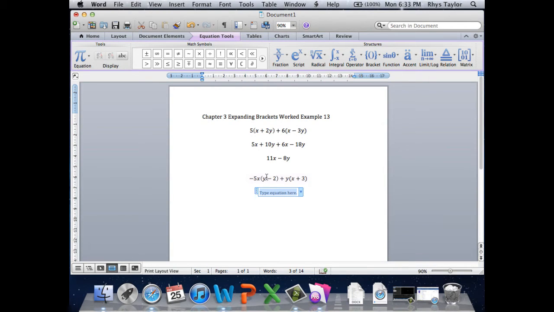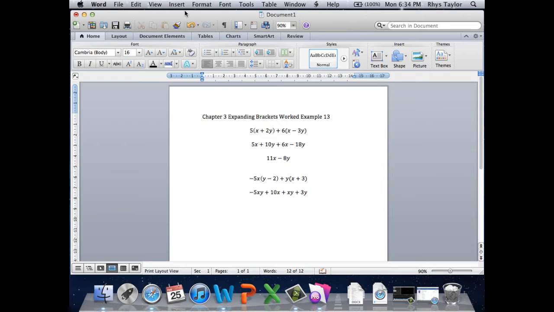Negative 5x times y is negative 5xy. Negative 5x times negative 2. Negative and a negative makes a positive 10x. Plus y times x is yx, or even better, xy. Put it in alphabetical order. Y times 3 is 3y.